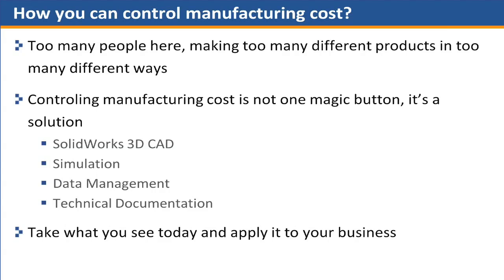To be really honest here, there are too many people attending right now making different things in so many different ways. It's hard to just tell you what will help you control your manufacturing costs. Oftentimes, it's not a magic button. Oftentimes, it's more of a solution of products to help you get there, to help you control these costs. And today, we're going to talk about all of these different products.